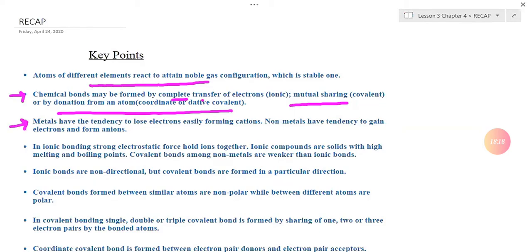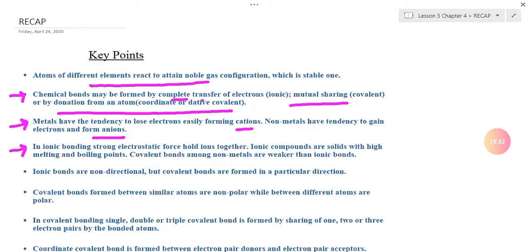We discussed that metals have a tendency to lose electrons, they form cations. Non-metals have a tendency to gain electrons, they form anions. Then we discussed ionic bonding, that strong electrostatic forces hold the ions together, and this gives ionic compounds certain properties like high melting points and boiling points.